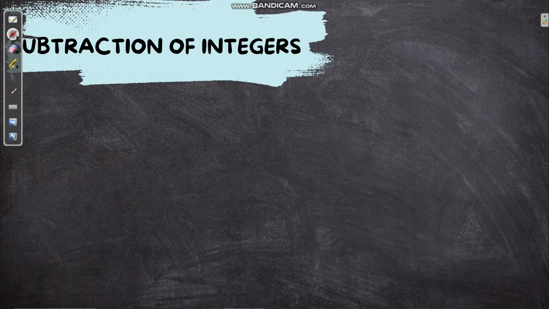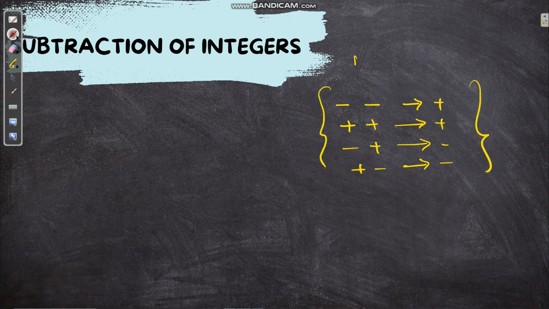Now there is one more way in which you can solve this apart from additive inverse. Whenever you have minus and minus, it is converted to plus. When it is plus and plus, it's plus. When it's minus and plus, it is minus. Plus and minus, it's converted to minus. Now we will use this. This applies to the sign outside the bracket and inside the bracket.